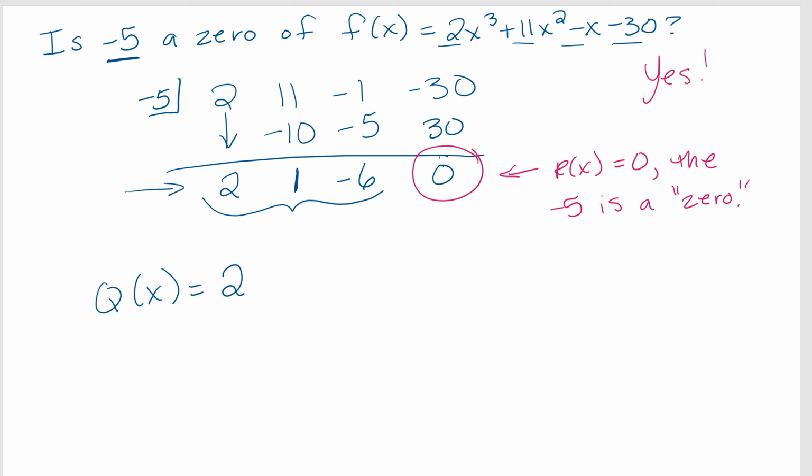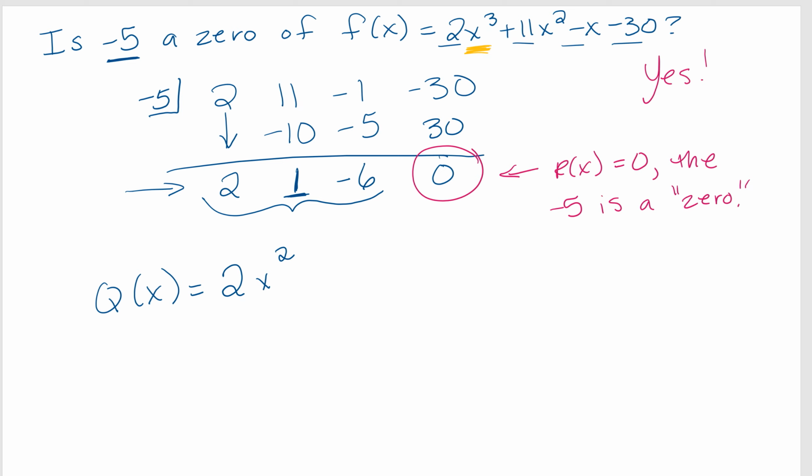If we're starting out with an x cubed, our quotient will start with a degree less than that. So from x cubed, if we subtract 1 degree, that gives me an x squared. I subtract another degree, and this next number 1 will be the coefficient for that one.